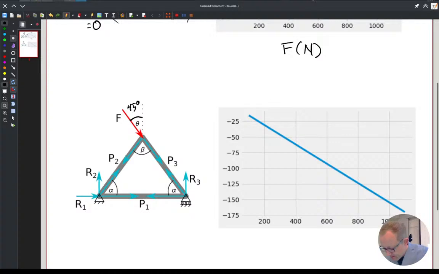This thing is not pulling things together, it's getting pulled apart. So negative means that P1 is actually looking like that. Seems to make sense.